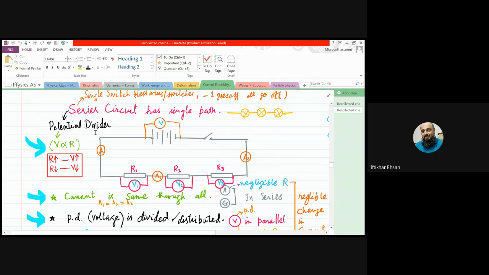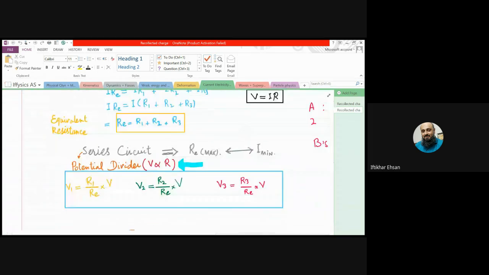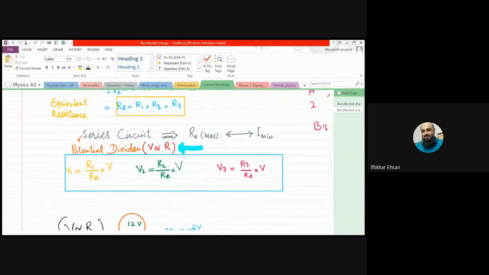So today we are going to discuss mainly the potential divider aspect. And the voltage is divided according to the value of the resistance. We practice these formulas: if we have three resistors, R1, R2, R3, their combined equivalent resistance, RE, is equal to the sum of these resistors.